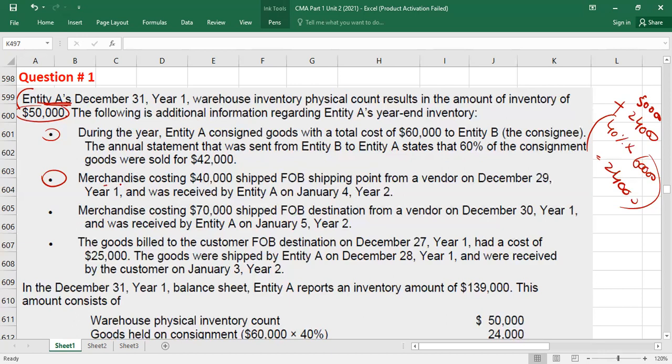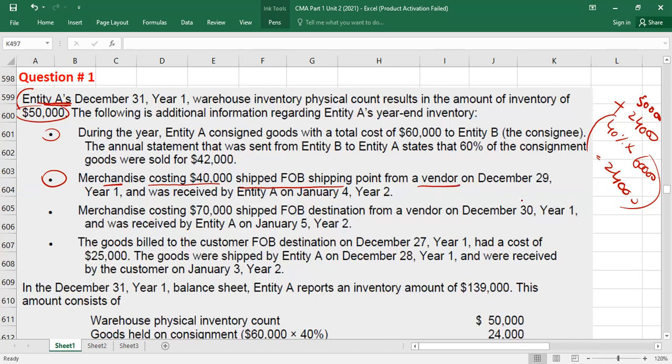So merchandise means goods costing 40,000, and inventory is recorded at cost. Don't forget, FOB shipping point. It's a shipping point. It means risk and rewards will be transferred from supplier to customer at the time of shipment. Right? From a vendor. It means you are a customer here.